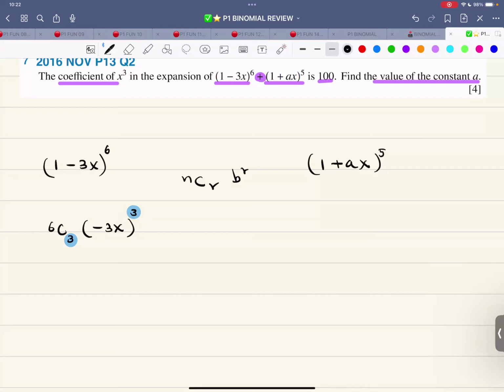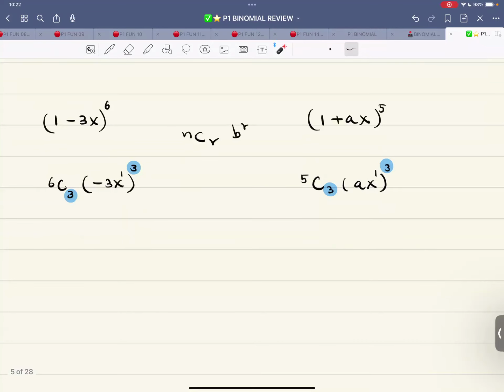Similarly, over here, n is 5. That is 5C3. And this is ax raised to power of 3. Over here, this is 3, this is 3. Again, it will balance out. Over here, it's 1. Over here, it's 1. So 1 into 3 is 3.